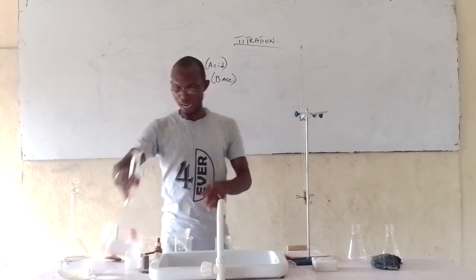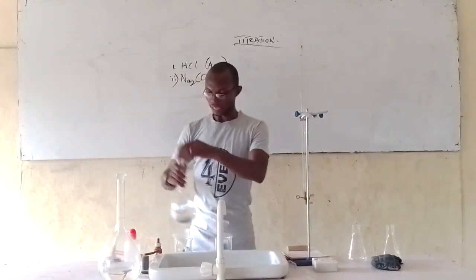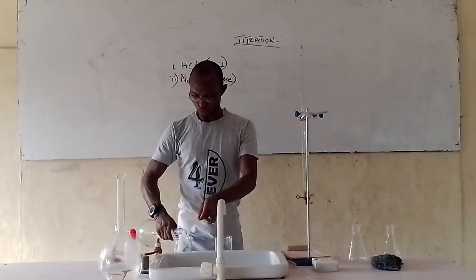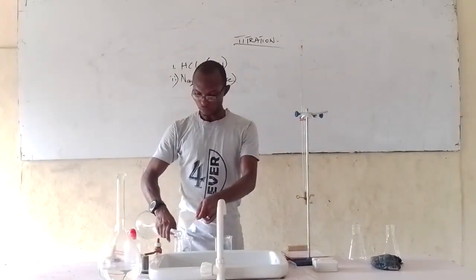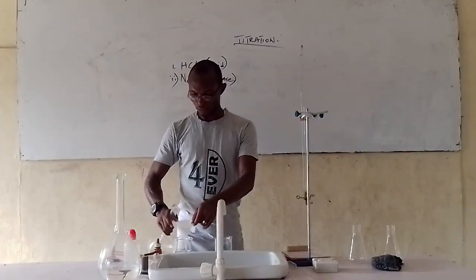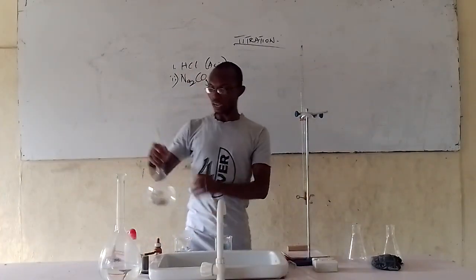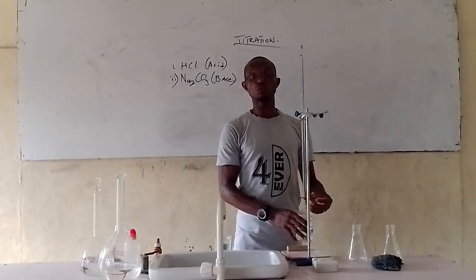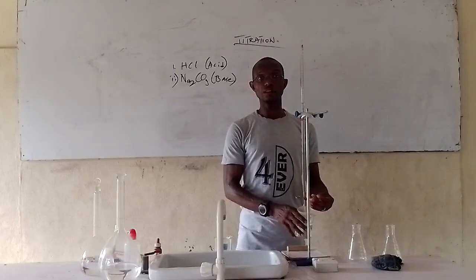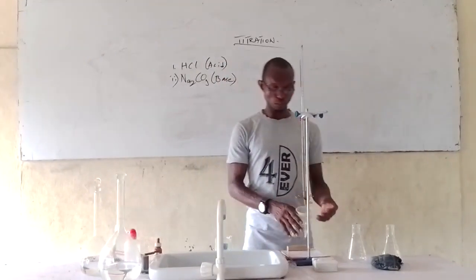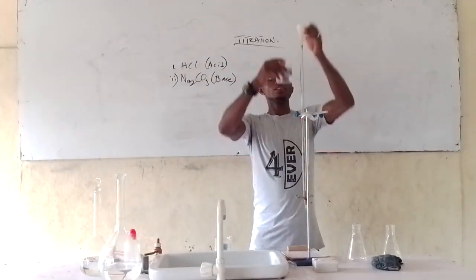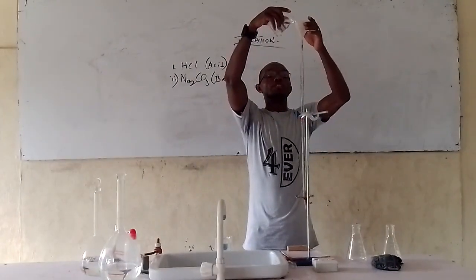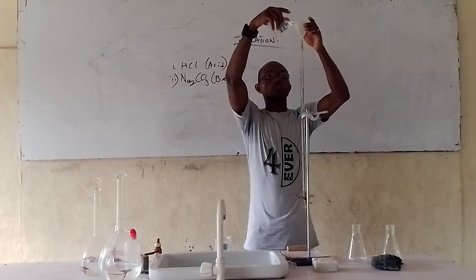And here I have my A, I am adding my A to this. Alright. So I'm going to use my A now to fill the burette. That is what I want to do right now. I have my burette being filled with my A.